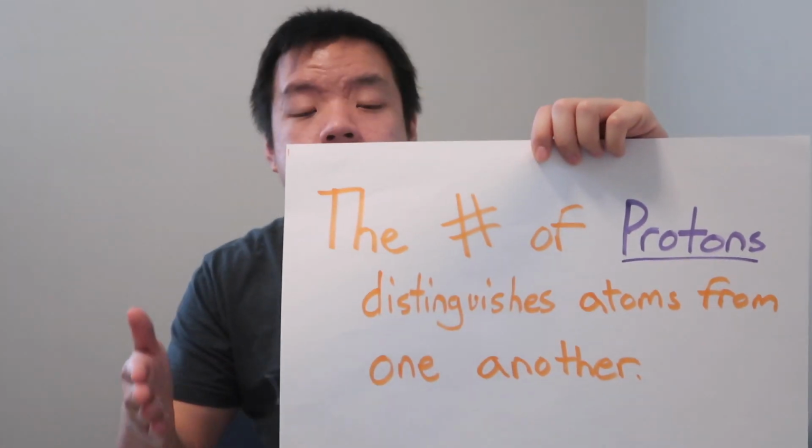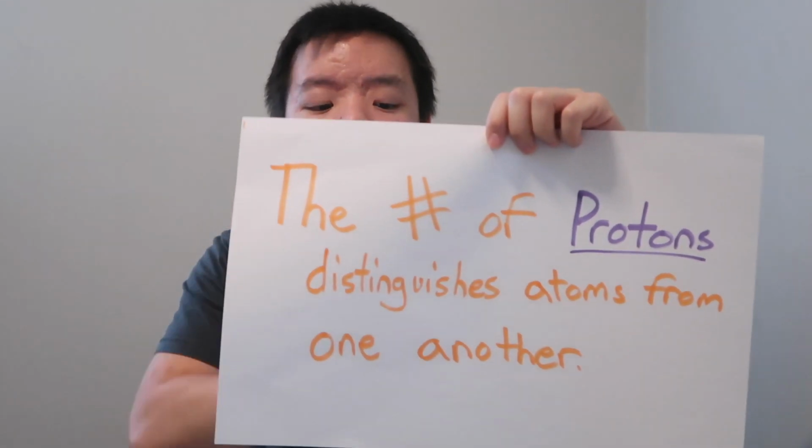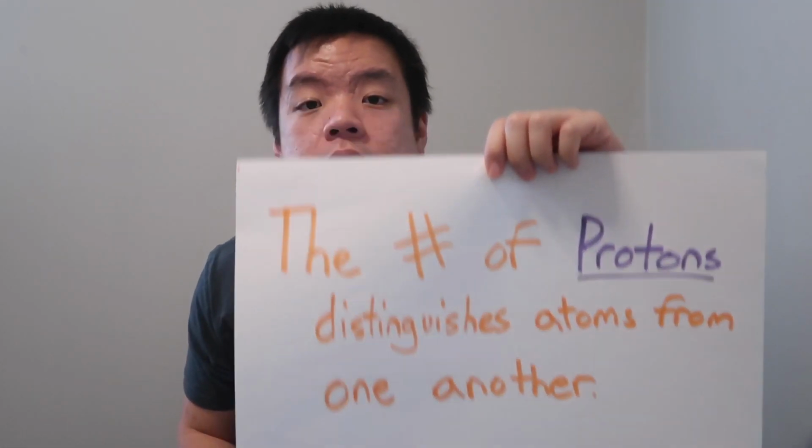Now, what makes all these particles really, really important? Well, let's start with the protons. The number of protons distinguishes one atom from another. So the number of protons helps us identify unique elements. Protons don't change.